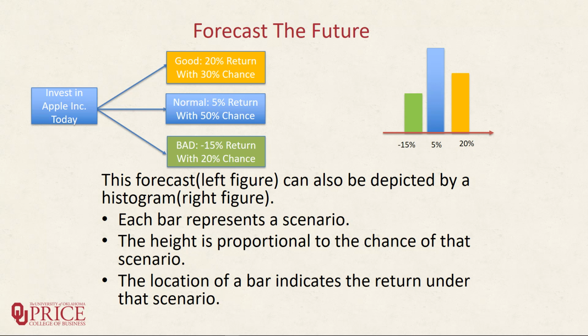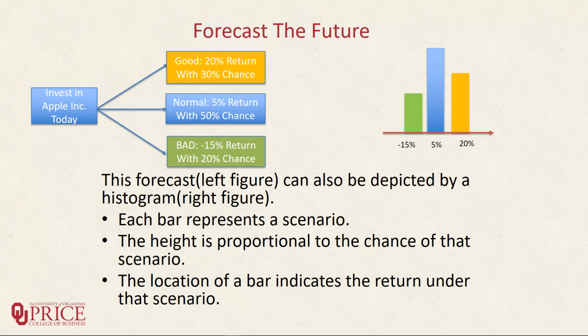The height of the bar represents the chance, or the probability, for that scenario to occur. Here the blue bar is the highest, so the most likely scenario in our forecast is the normal scenario. The good and bad scenarios are less likely, so they are shorter. Also, look at the location of the bar along the horizontal axis.